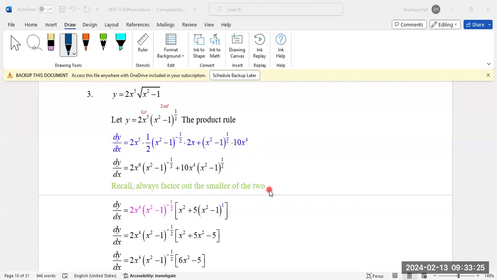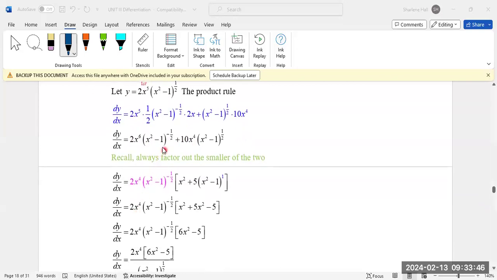All right? And then I'm going to see what is common. What is common is going to be your 2x. 2 is common here, and 2 is common to 10. Of x to the 6 and x to the 4th, the common, smaller of the two is x to the 4th. So that's why I'm factoring out the x to the 4th.